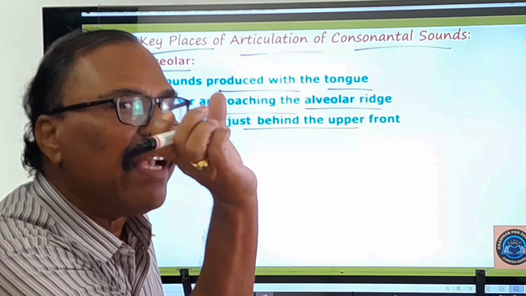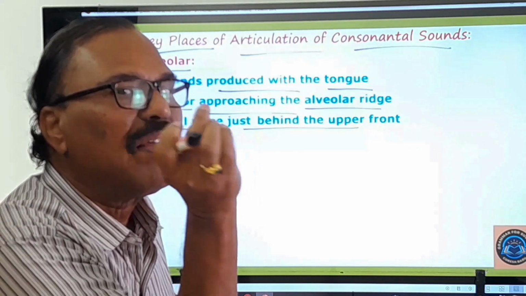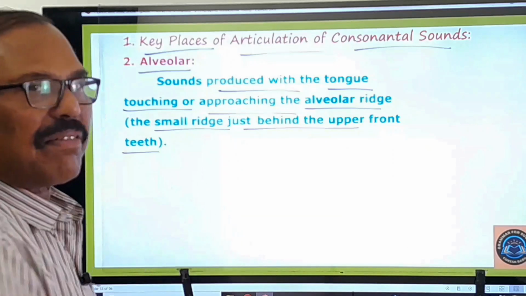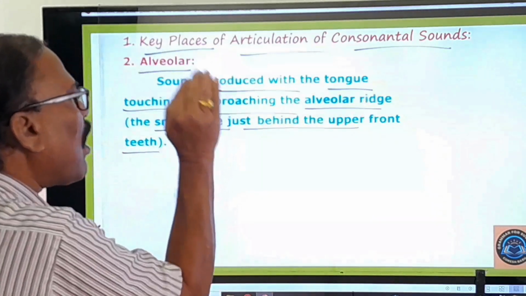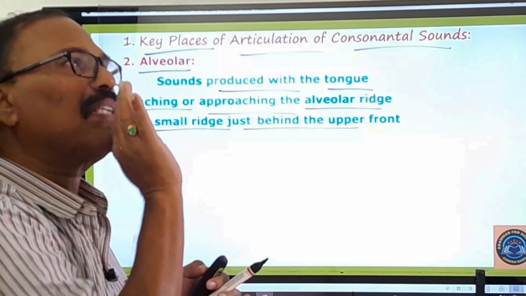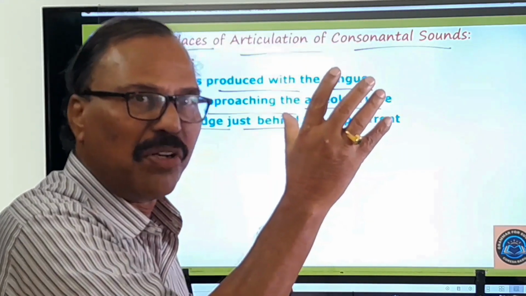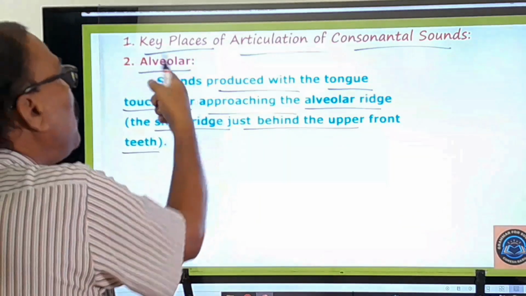Just behind these upper front teeth, there is a hard area. That is called alveolar. Certain consonant sounds are produced with the tongue touching or approaching it. Such sounds are called alveolar sounds.